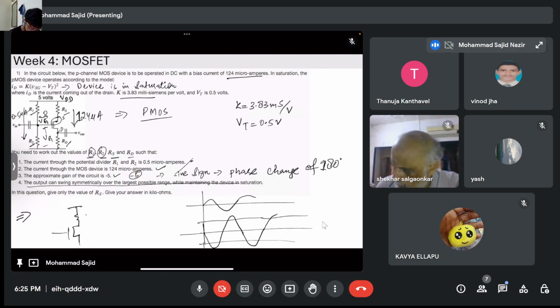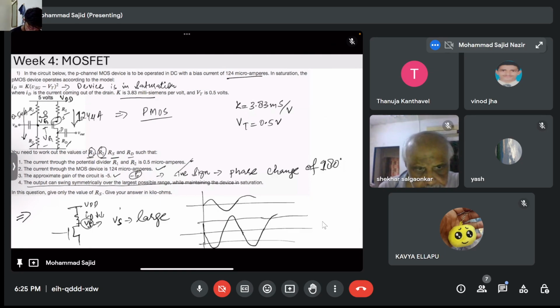If low current flows, if ID is low, that means this is VDD, this is your VS. That means there will be a higher potential here. VS will be large, right?